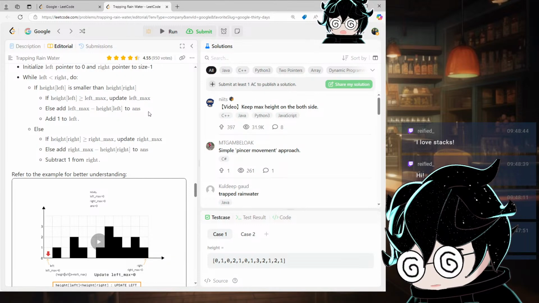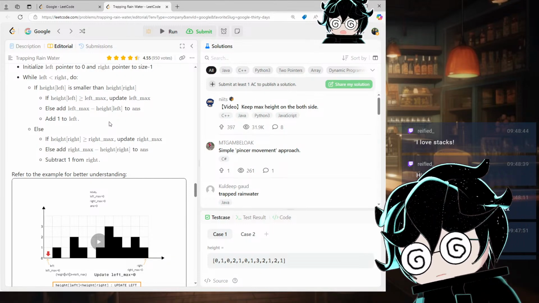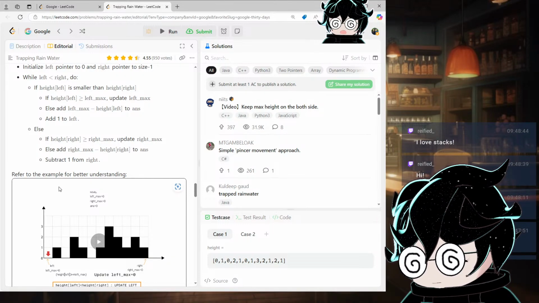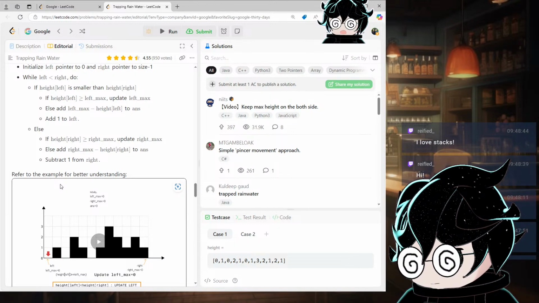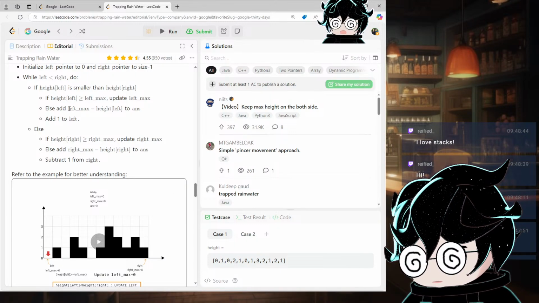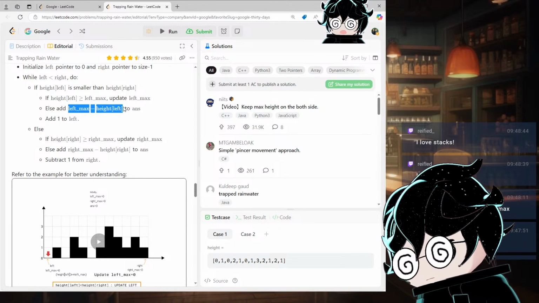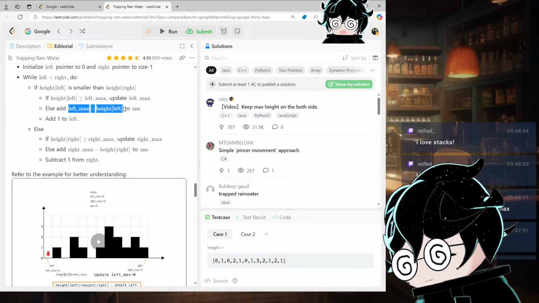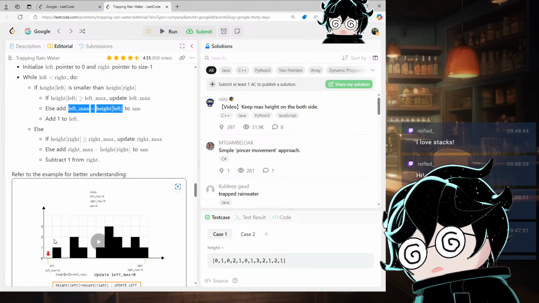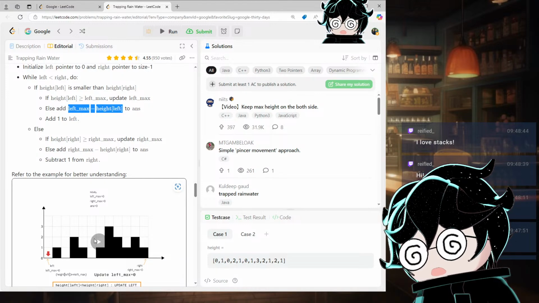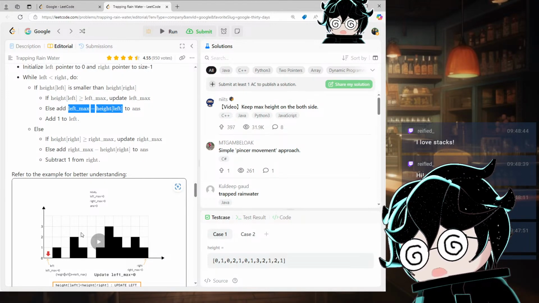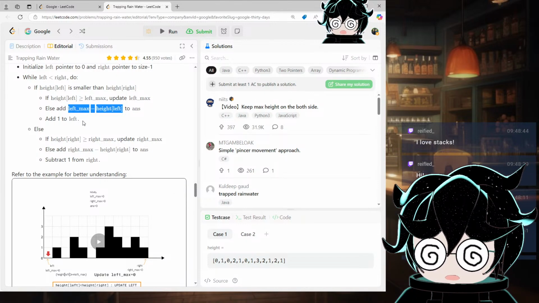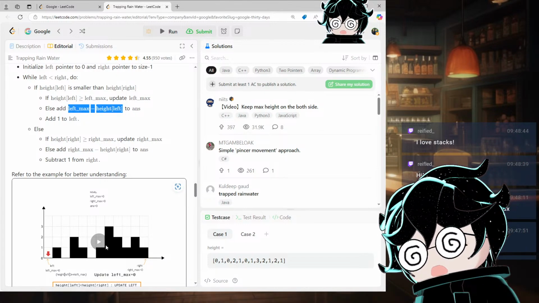Why do we do that though? Left max minus height left. Oh, I see. So like here, my max height is 2, but my current height is 1, so I can only fill 1. Got you, okay. Add 1 to the left.